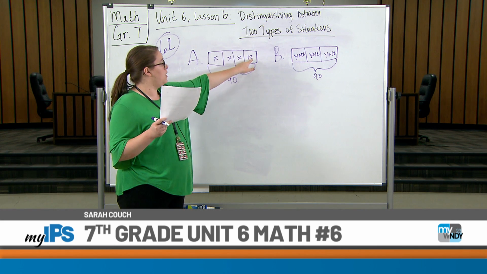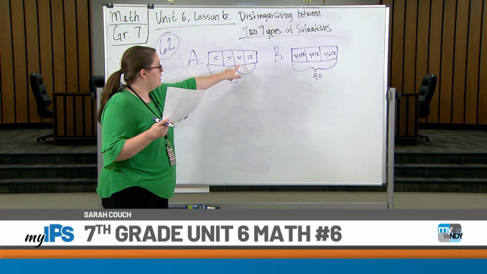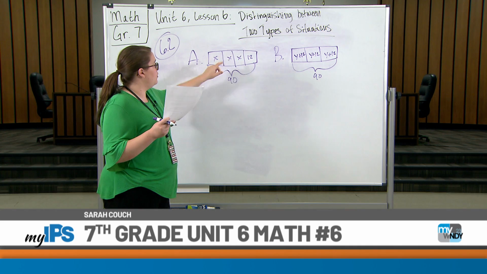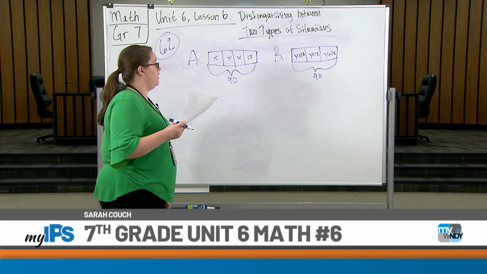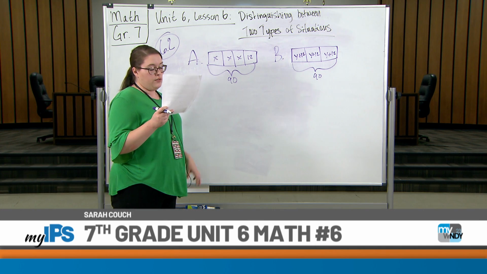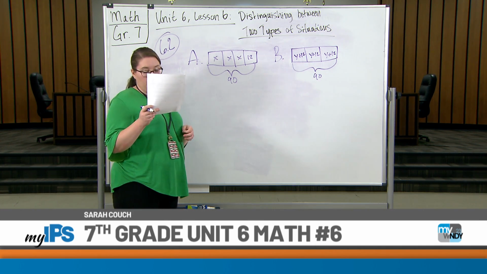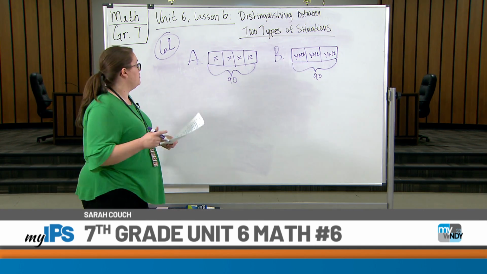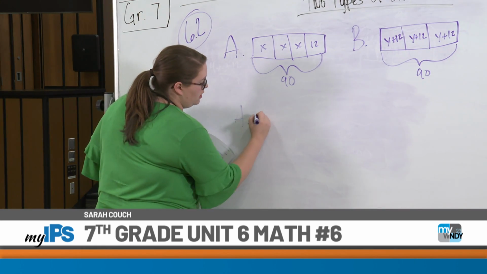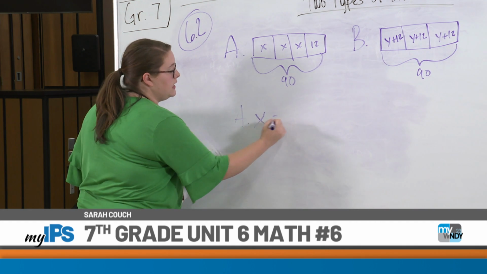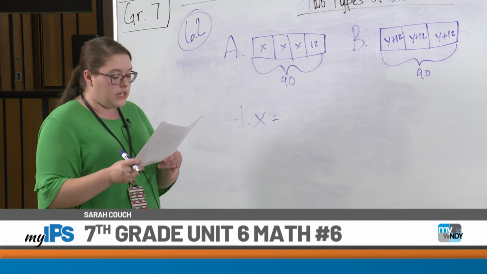So here is the 12 that Lynn had to hang up by herself, and then here are the 3 unknown but equal values represented right here. All right, so number 2 says, in each diagram, what part of the story does the variable represent? So we did talk about this a little bit. So for A, let's think about what x equals, or means.